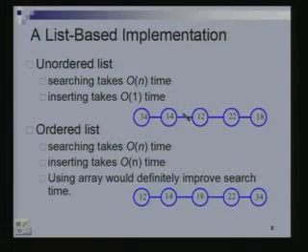How much time would successor take here? Order n, not order 1. Because suppose I say what is the successor of 12 in this dictionary? The successor of 12 is not 22, it is 14, which is the key following 12 in the order relation. The order relation I'm assuming is just the order on the integers.